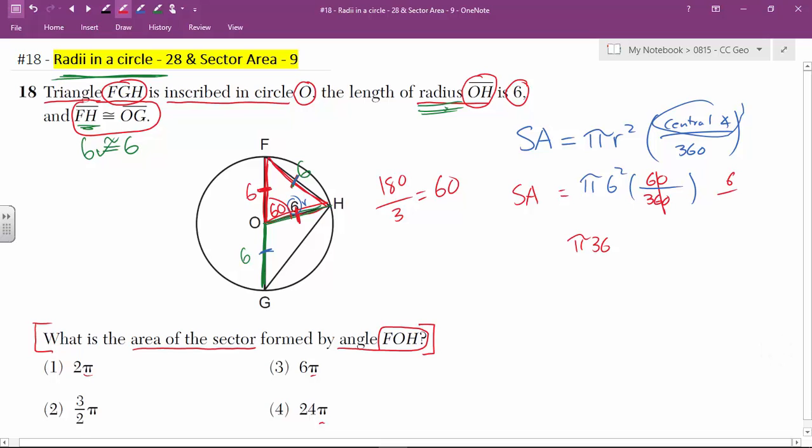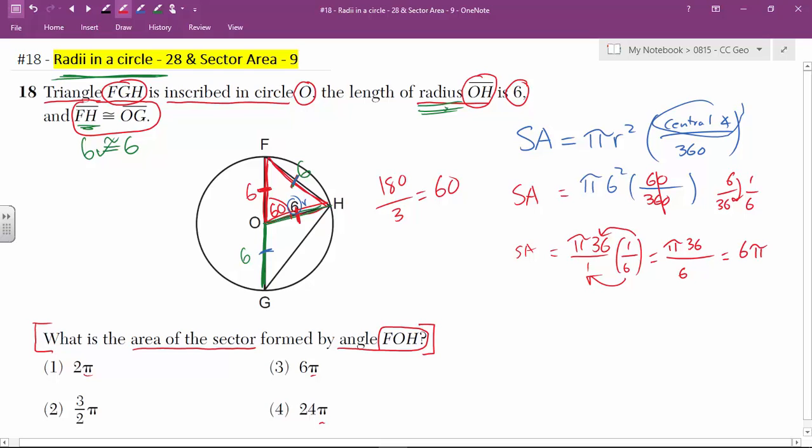Well, 6 divided by 36 is really 1/6, because 6 goes into 36 6 times. So I'm going to have times 1 over 6. I'm going to turn this into a fraction to make life a little bit simpler. 1 times 36 is just 36. Keep the pi there. 6 times 1 is 6. Well, 36 divided by 6 is just 6.